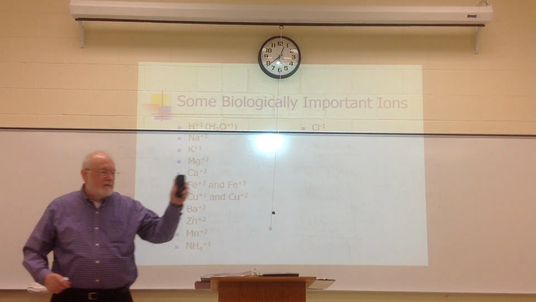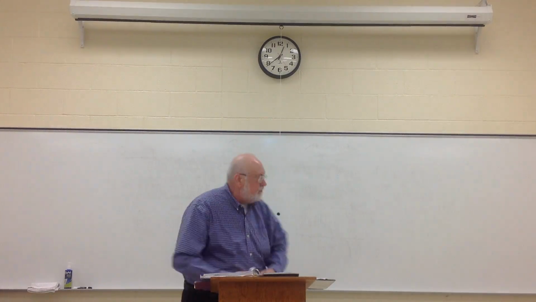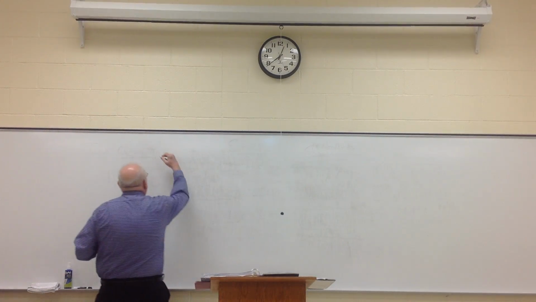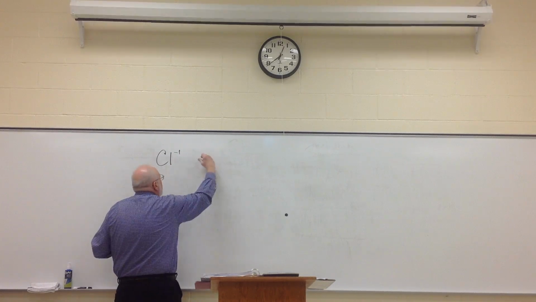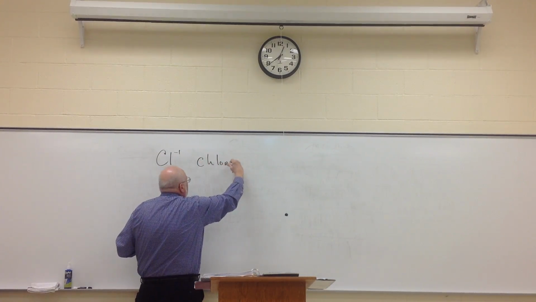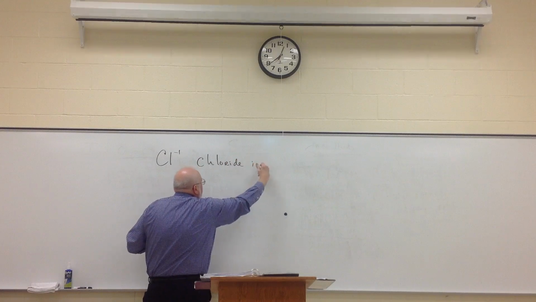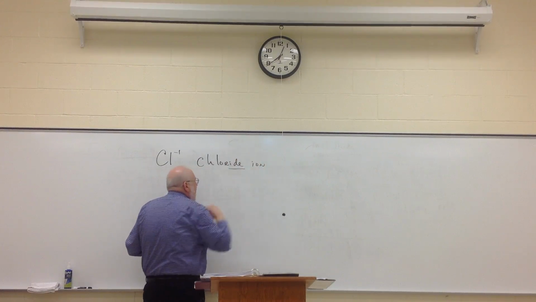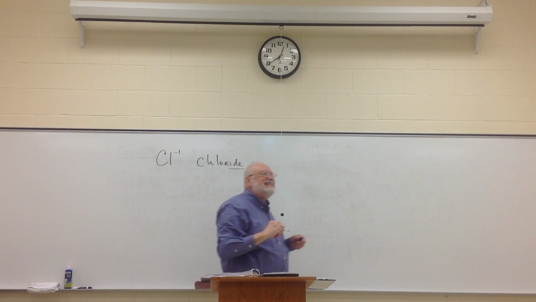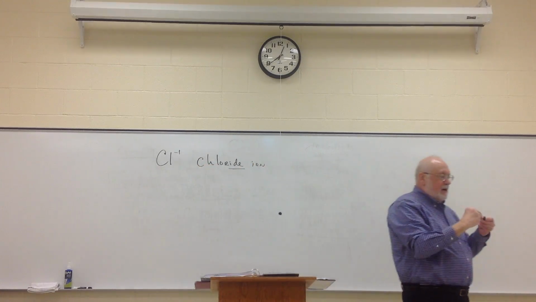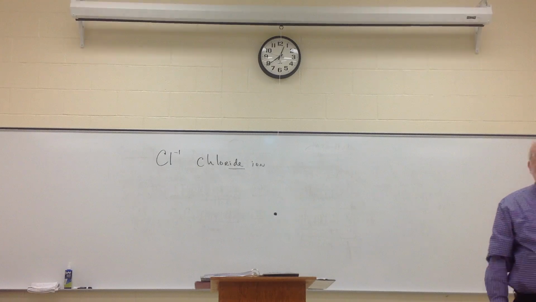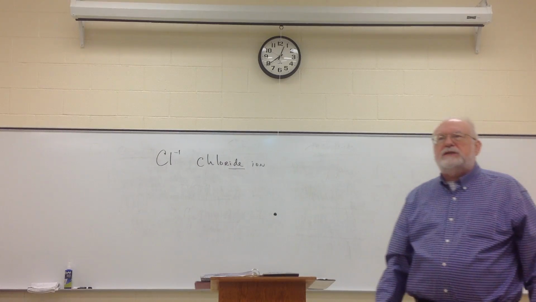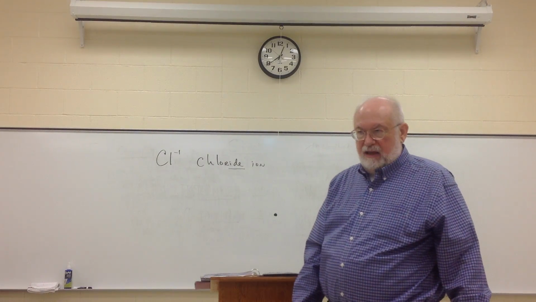Now, if it is a monoatomic anion like that, the name in this case is the chloride ion. It has that IDE suffix. So whenever you see the IDE suffix on the end of the name, it designates the monoatomic anion.